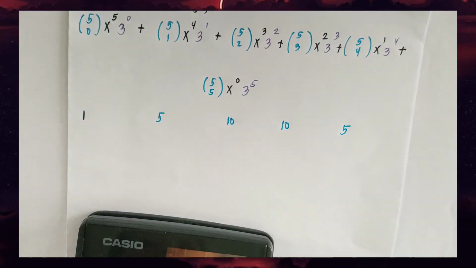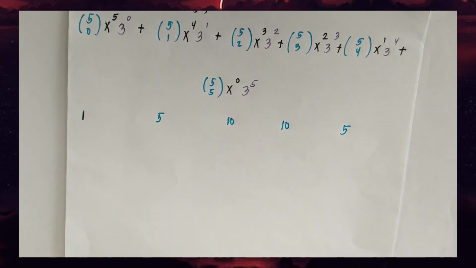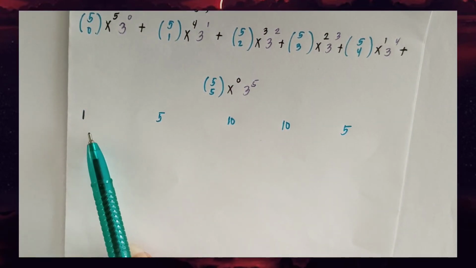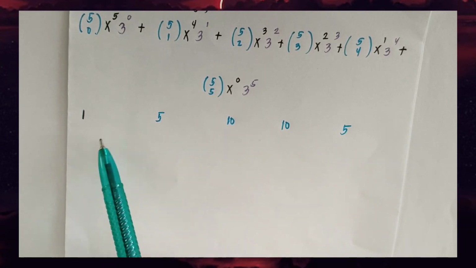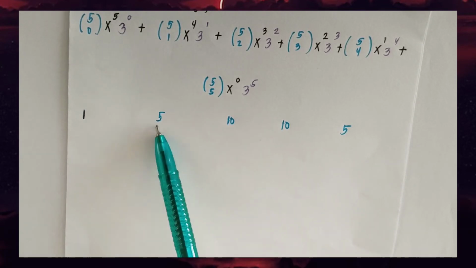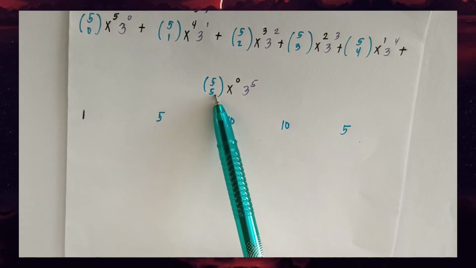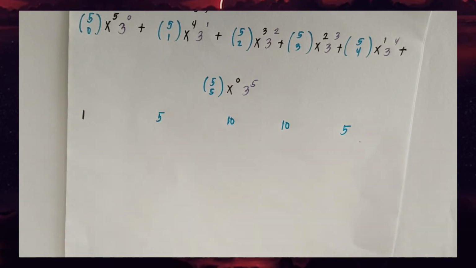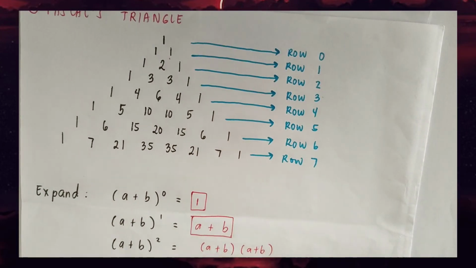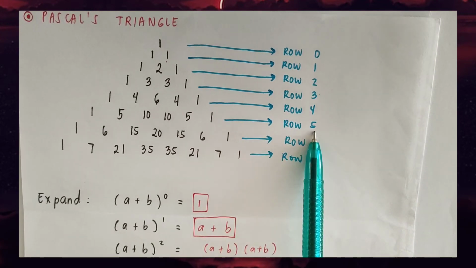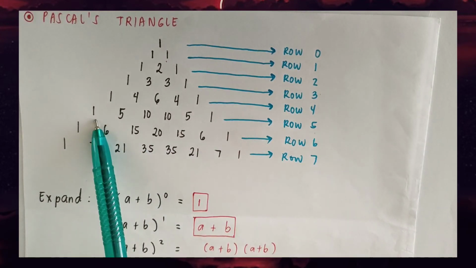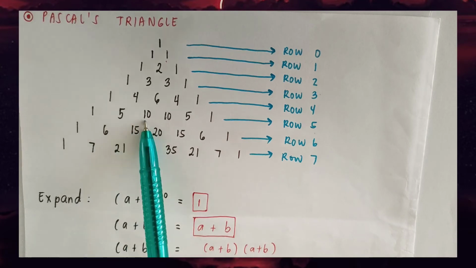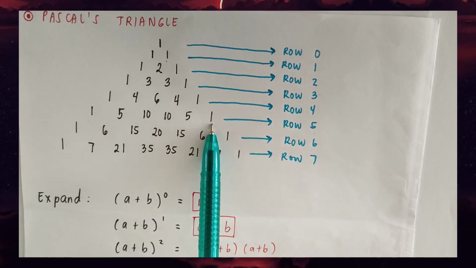And of course, if we analyze, the coefficients are symmetric. So if we have here 1, 5, 10, 10, 5, automatically 5 combination 5 is 1. And if we look into our Pascal's triangle, row 5 for exponent 5, our coefficients will be 1, 5, 10, 10, 5, and 1.